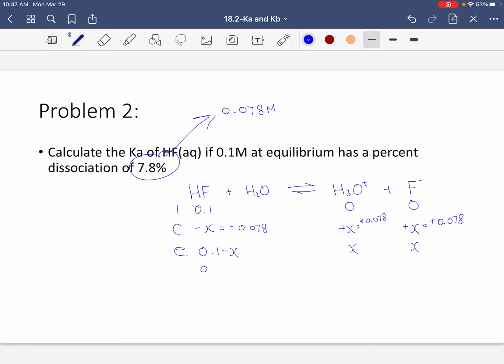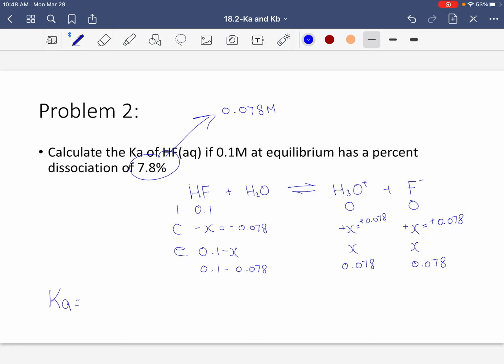Huh, look at that. 0.1 minus 0.078. Okay, so let's put this in. That way we know what Ka is.